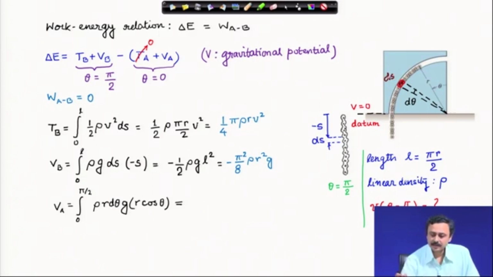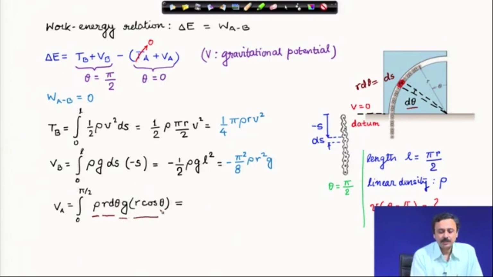This ds can be written as radius times d theta, and d theta is marked here. I have to calculate the potential energy of this little element. First, rho is the mass per unit length, r d theta is the length, therefore, rho times r d theta is the small mass of the element, g, and height of this element from the datum. Now, height from the datum is this.